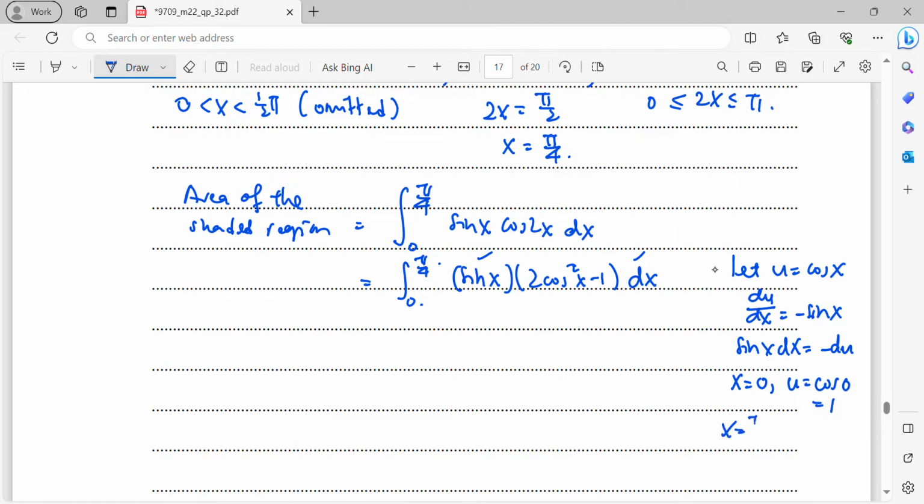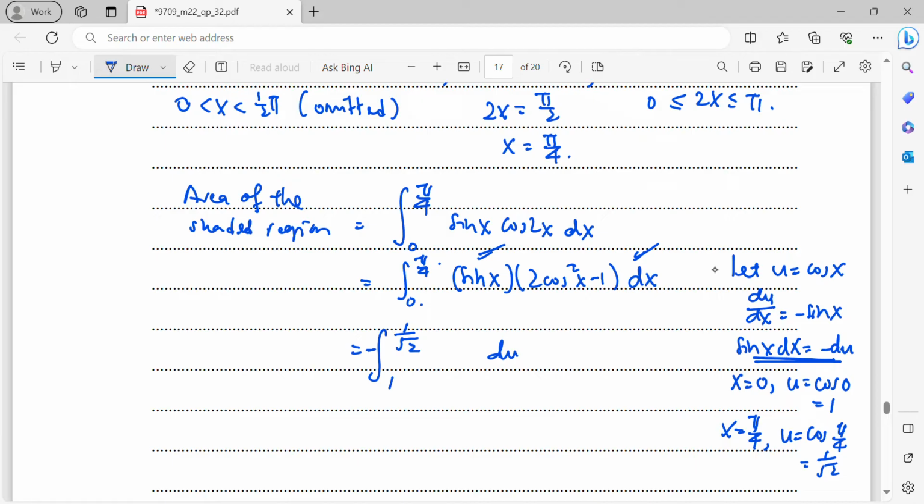When x equals pi over 4, u is cos pi over 4, which is 1 over square root 2. So now with this, I will change everything to u. The limits 0 to pi over 4 change to 1 and 1 over square root 2. Now sine x dx is combined to be minus du, so I will write minus outside and then du.